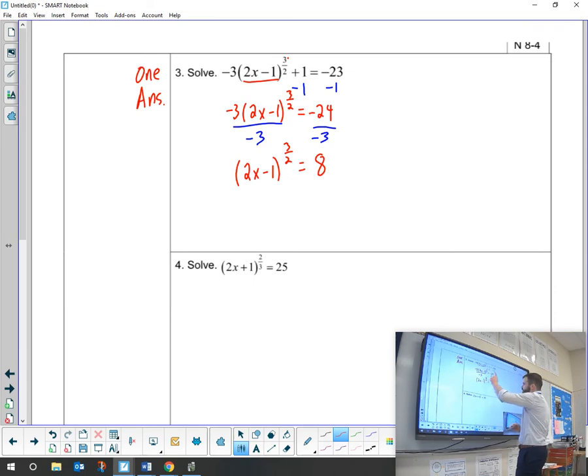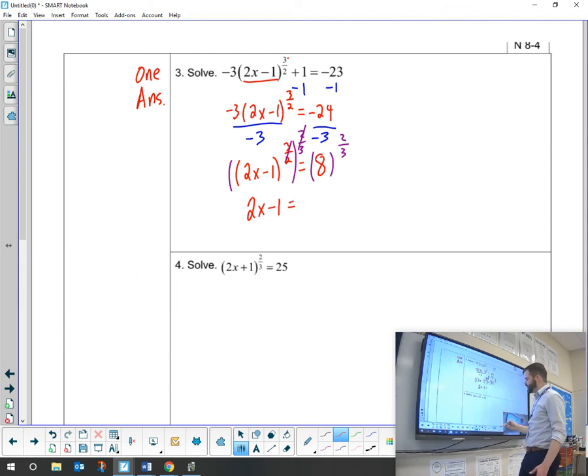Now, we want to cancel out that 3 over 2, right? And so to cancel out that 3 over 2, we're going to raise both sides to the power of its reciprocal, to its opposite. These flip, and the great thing is those cancel out. And so we're going to raise this side to the reciprocal, to the 2/3. So after those cancel, we're going to have 2x minus 1 equals 8 to the 2/3.